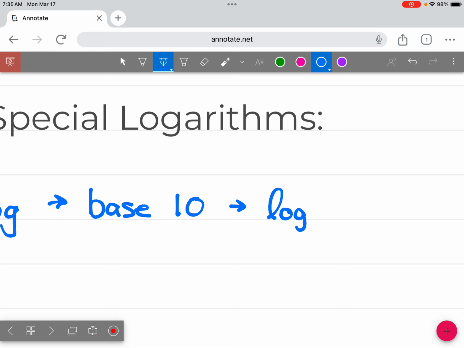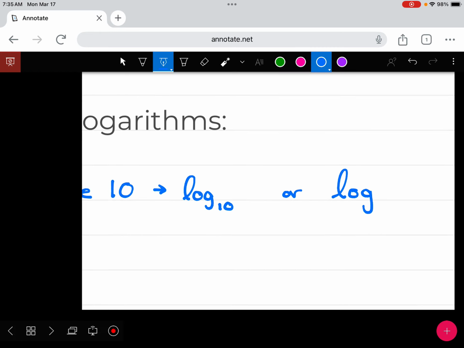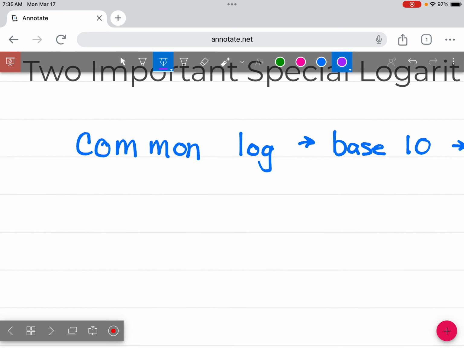We can either put it as log with a little 10 right here. Or more often than not, when we have the common log or log base 10, we just put log with no little number. The other one we're going to see is called the natural log.